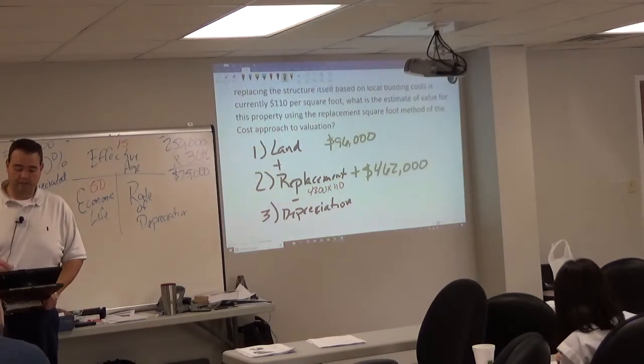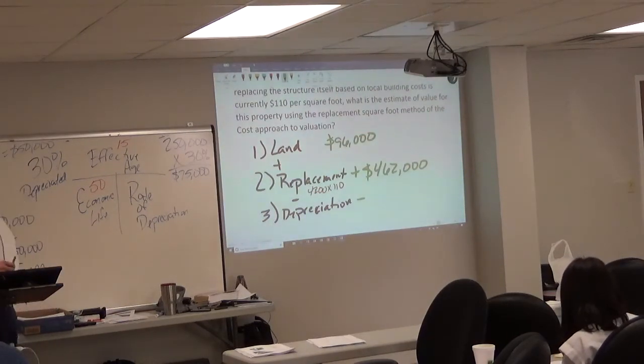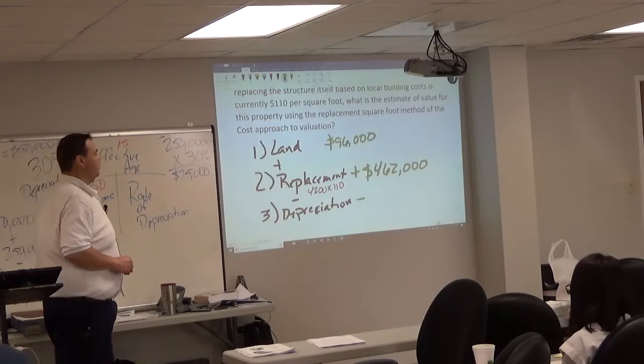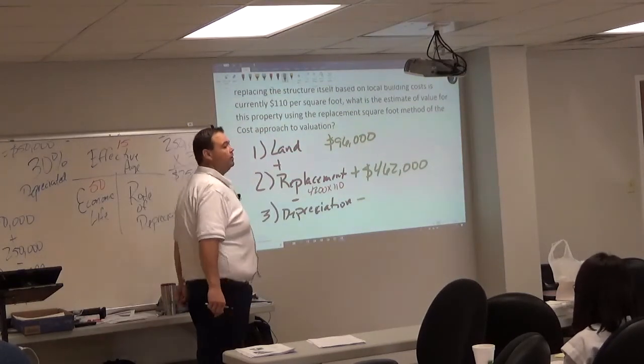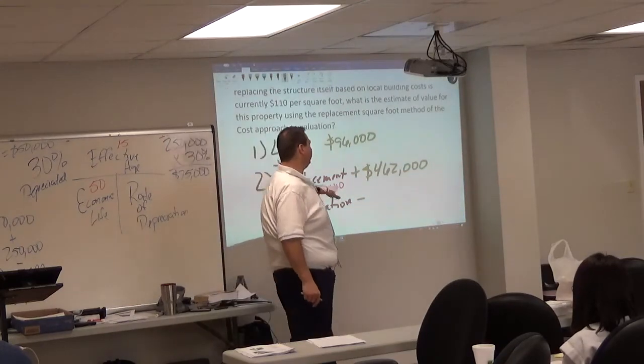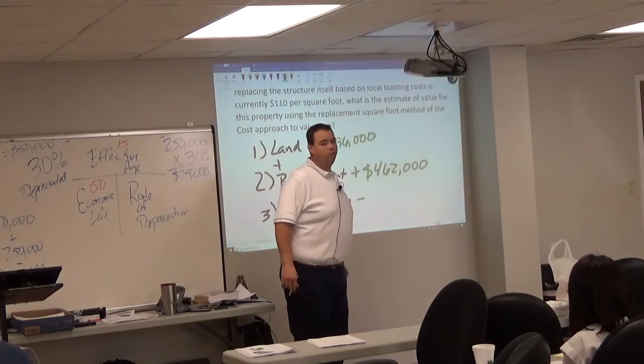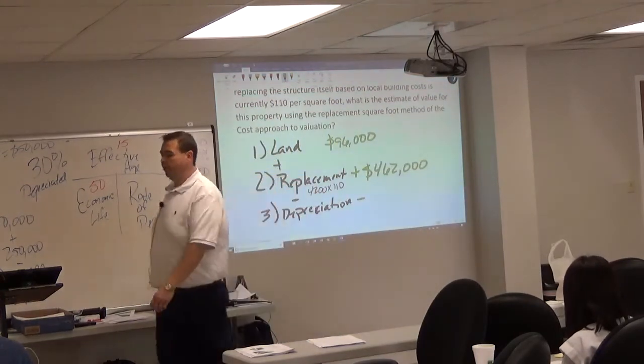Now don't do that math yet, because we need to subtract the depreciation. Remember, depreciation only applies to what? The replacement value of the structure, not the land. So we're only depreciating this number. Does that make sense to everybody? We're only depreciating the replacement cost.